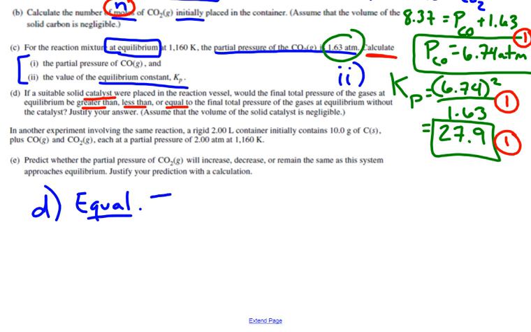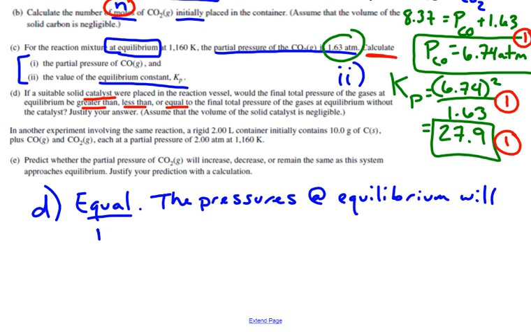Okay? The pressure at equilibrium will be the same with or without a catalyst.